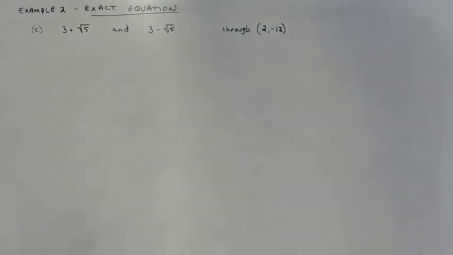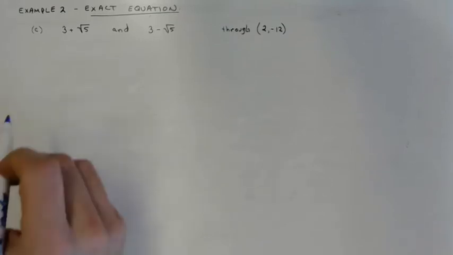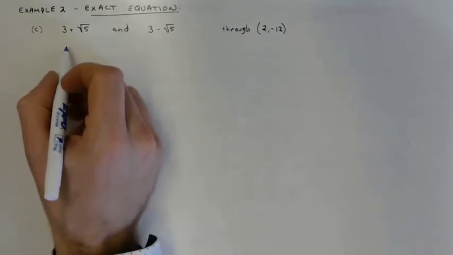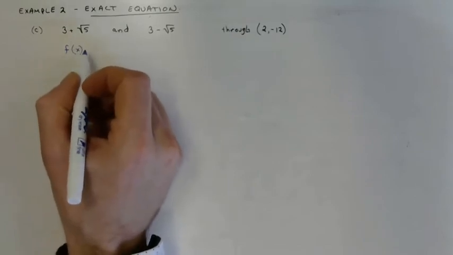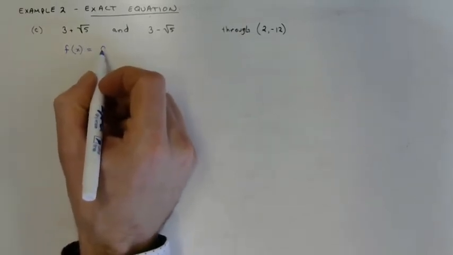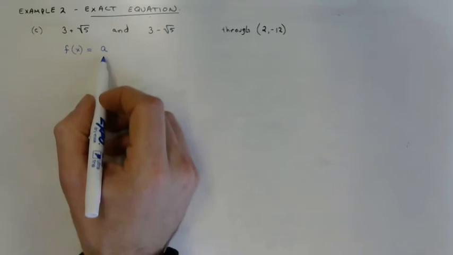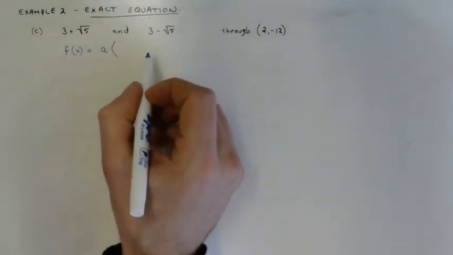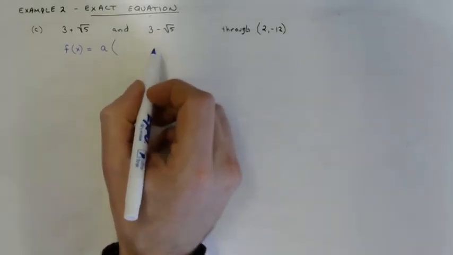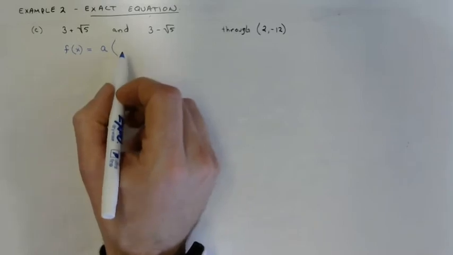We do this the exact same way as we have. We set it up the same way. We're given the function. We have a constant multiplier out here, a factor of a. And inside these brackets is still x minus r, x minus s.